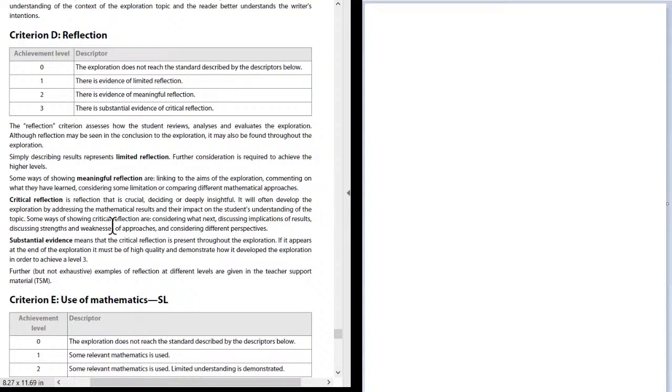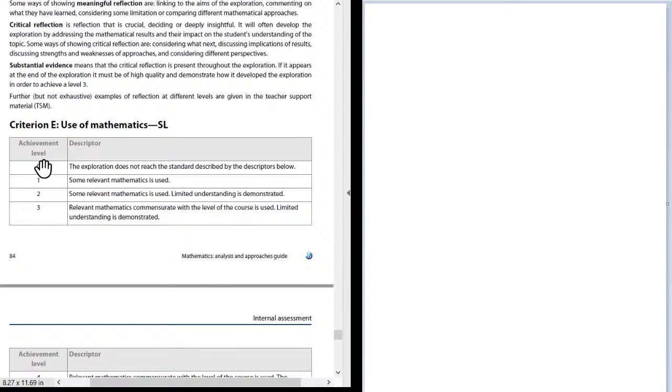Ways of showing reflection include considering what additional experiments could be done, the limitations of the report, discussions, implications of results, strengths of the approach, and perspectives. So a lot of different perspectives. It's in both engagement and reflection. It's very key.